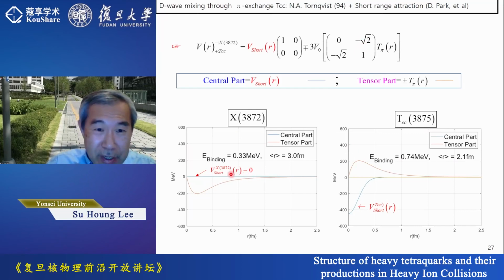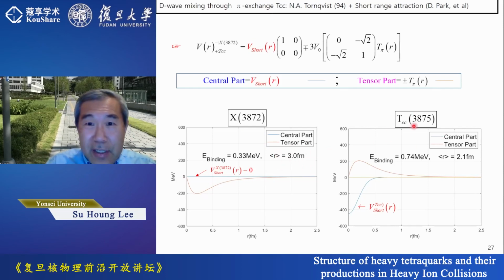And what he actually found is that for X3872, this D wave mixing is strong. So therefore, even if you do not have any central potential, the D wave mixing is in fact good enough to give you a bound state with very large radius.